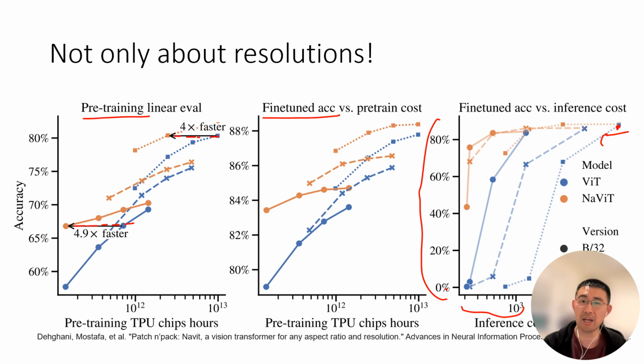Maybe you can have the model to be cheaper, but the accuracy drops drastically. With the NaViT paper, you can have a very continuous curve because it's natively supporting different ranges of resolutions such that you don't have to choose a different model. You can have the same model to deal with all different resolutions, and that's a huge benefit. You can do the trade-off at a continuous spectrum.